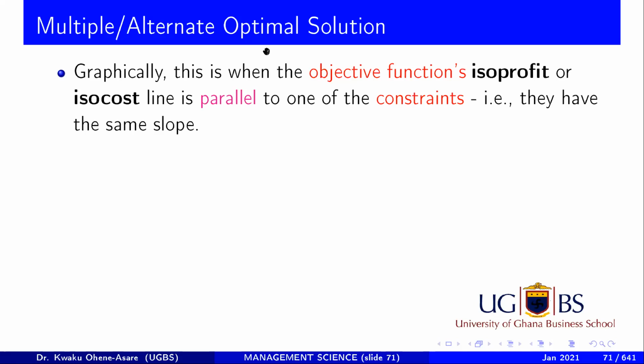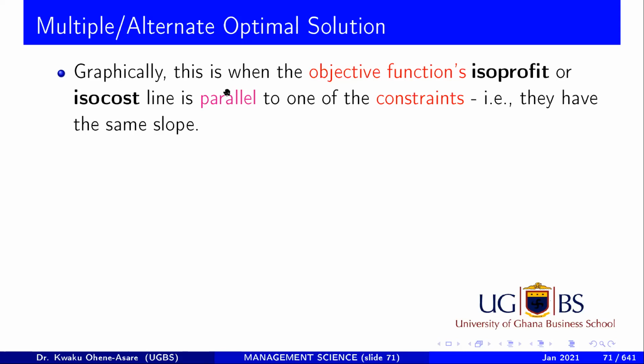So the last of the corner solutions, if you are shifting it outward, or the first tangency point if you are shifting it from up coming down, and I'm assuming a minimization. In such a case, the optimal solution will be at the corner.